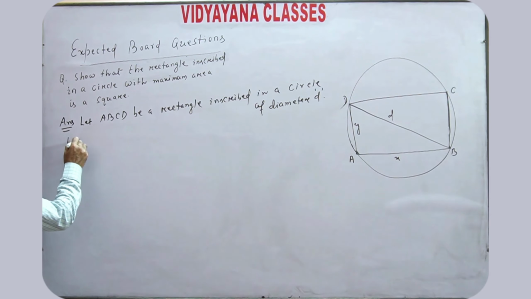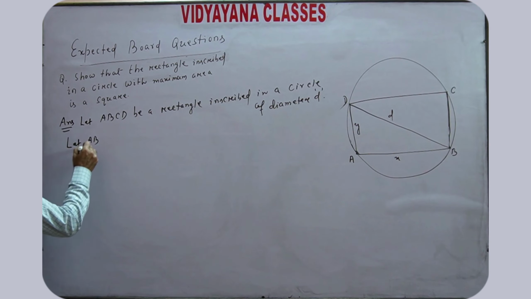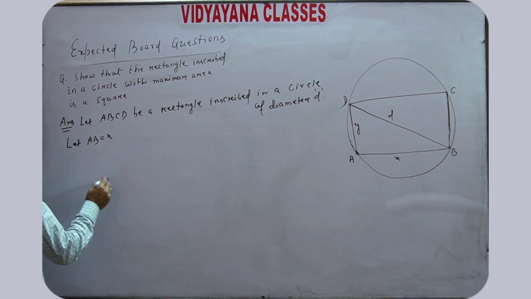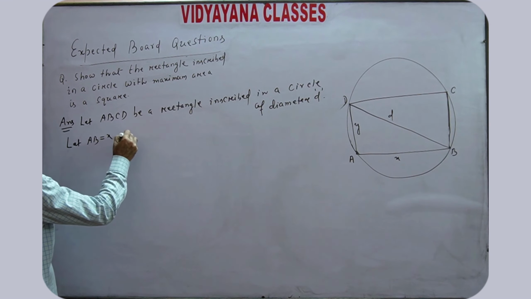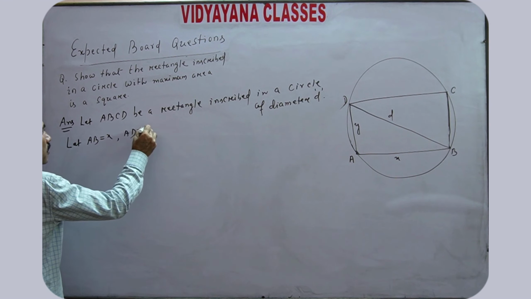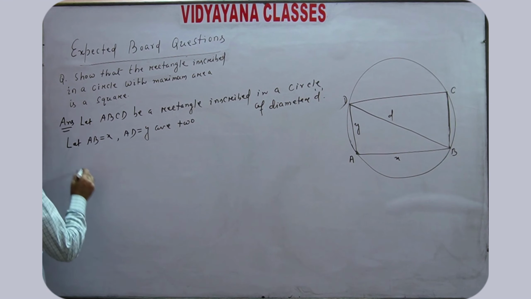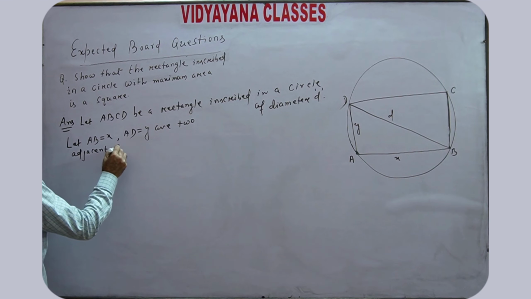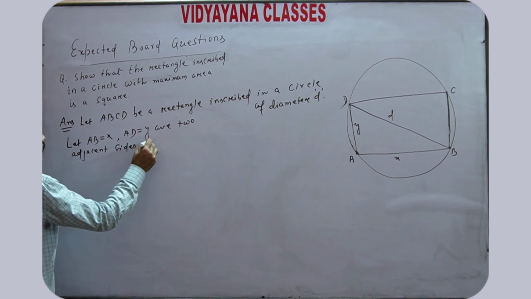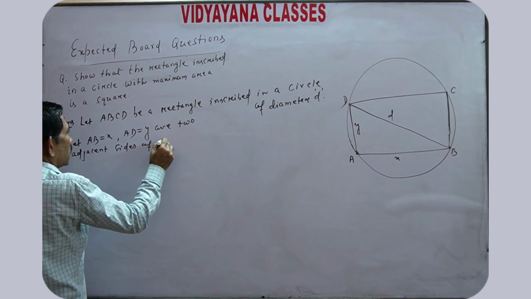Let AB is equal to x and AD is equal to y are two adjacent sides of the rectangle.